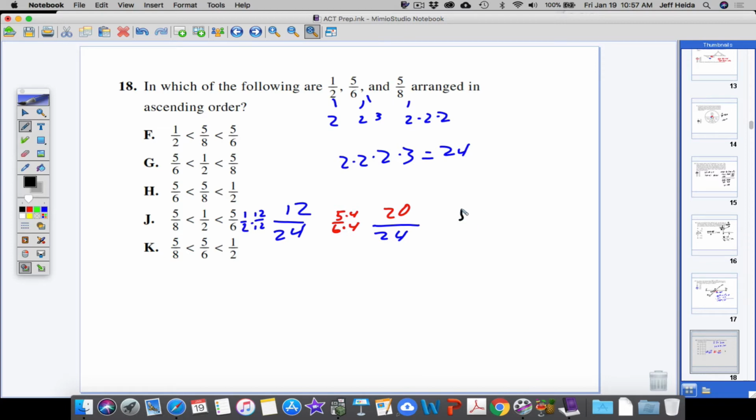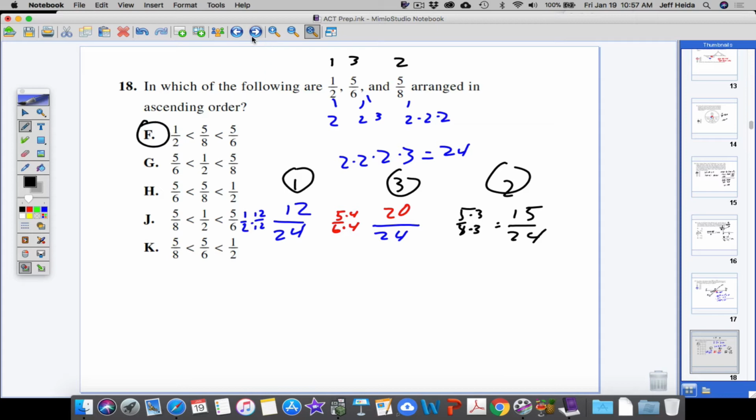And then 5/8 times 3 over 3 is 15 over 24. So this one would be the smallest, this one would be second, and this one would be third. So 1, 2, 3. So 1/2 needs to be first. You only have one that has 1/2 first, and then 5/8 and 5/6. So the answer is F.